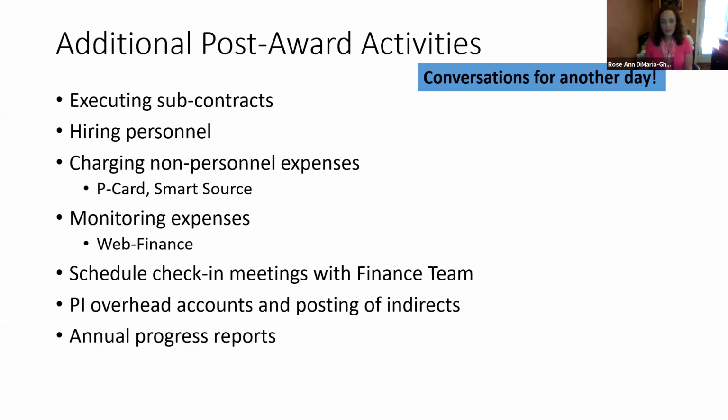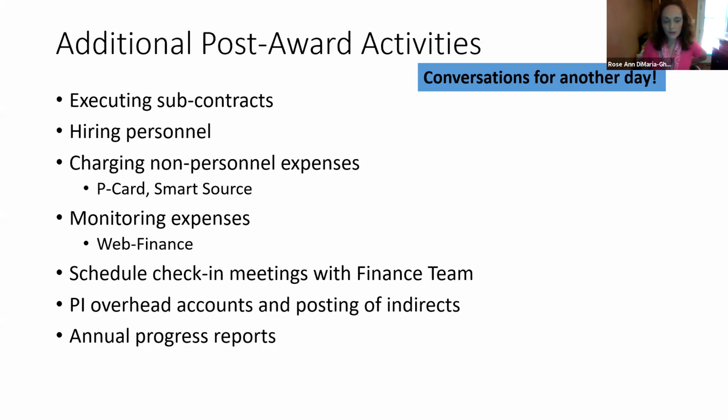And then you would need a web finance account or access to web finance so that you can monitor expenses. And it's always important to schedule check-in meetings with the finance team, at least quarterly, so that you're all on the same page for funding. And last but not least, if the grant does cover indirects, we have what we call PI overhead accounts in CNHP, and your finance team will tell you how that's set up and how often posting of the indirects are made to your account.